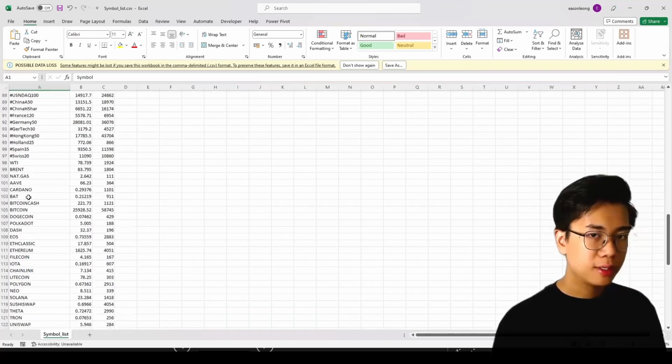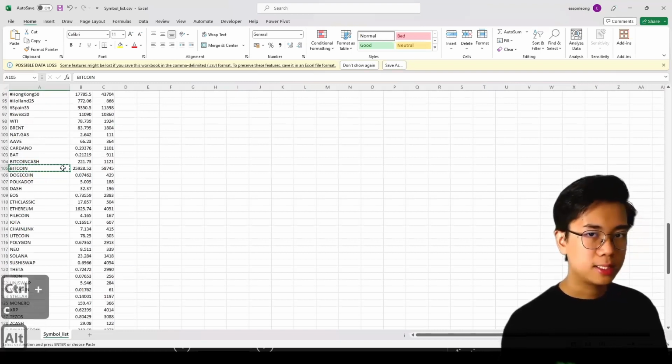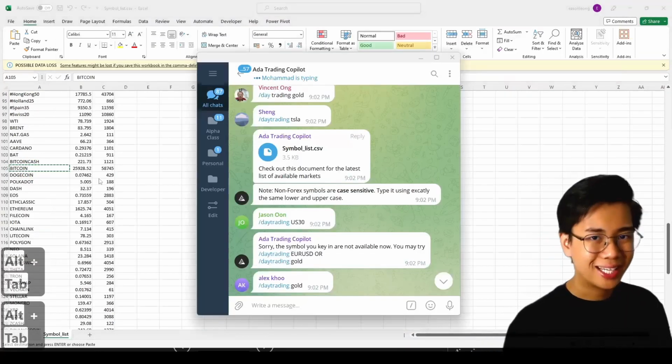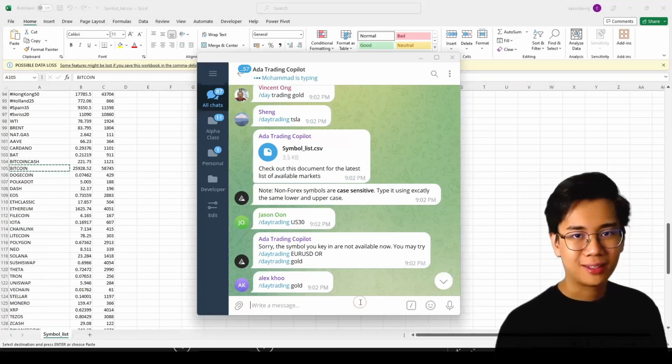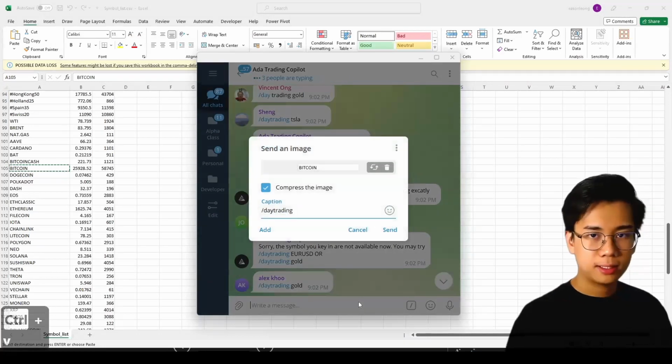Okay. If just now someone wants to go for Bitcoin, here is Bitcoin. If this update is the current market, you can check whether Bitcoin is 25928 right now or not. So /day trading Bitcoin.